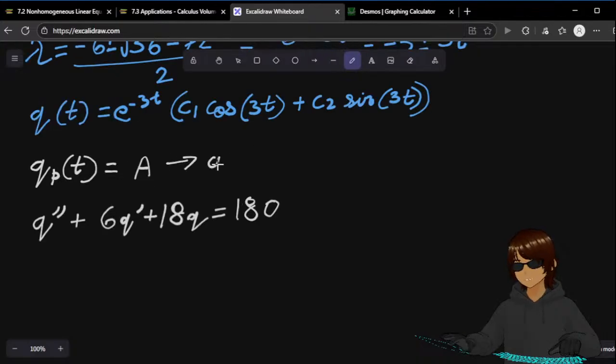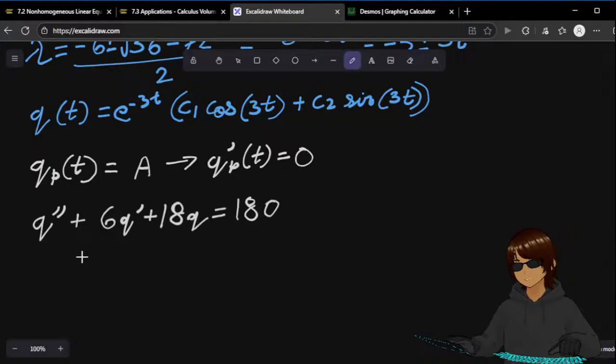Q is A, derivative is 1. Double derivative. No, derivative is 0. So what am I doing? Derivative is 0, yeah.